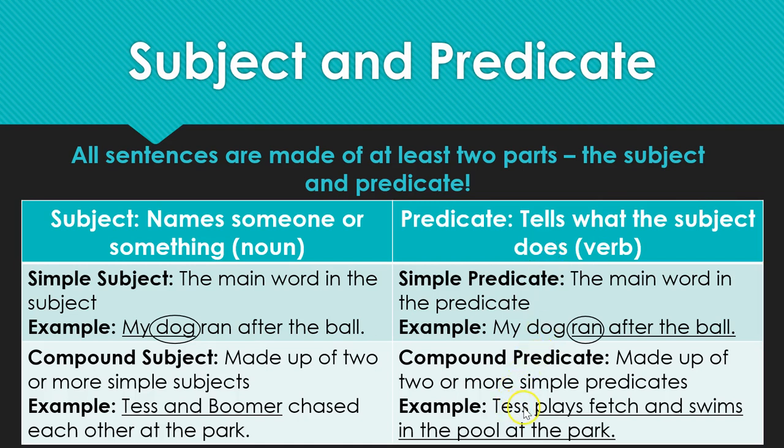So there are two things that Tess does. She plays fetch and swims in the pool at the park. It's made up of two simple predicates, two things that Tess is doing.